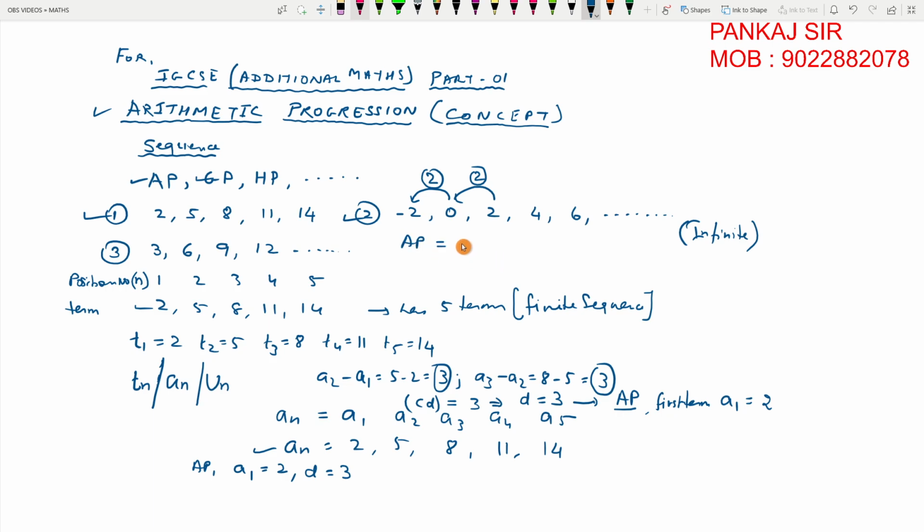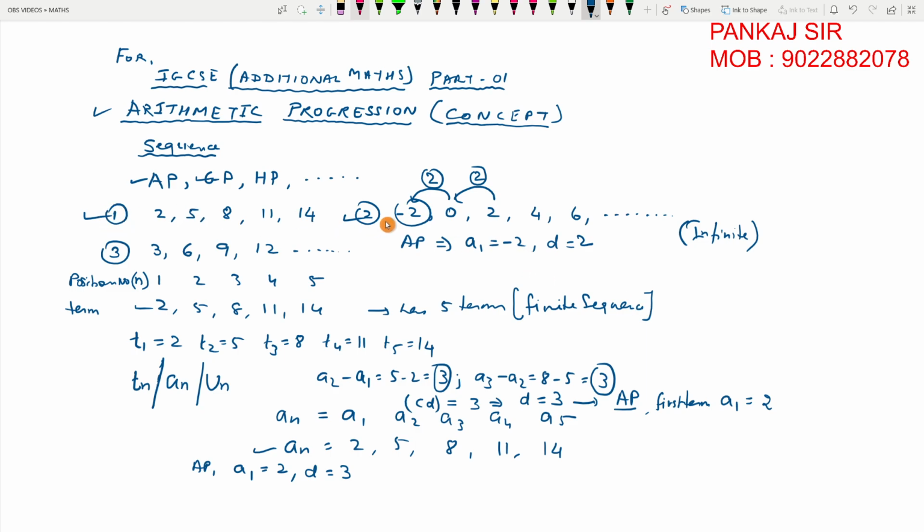And it has the first term A1 as minus 2 and the common difference D is this 2. Fine.